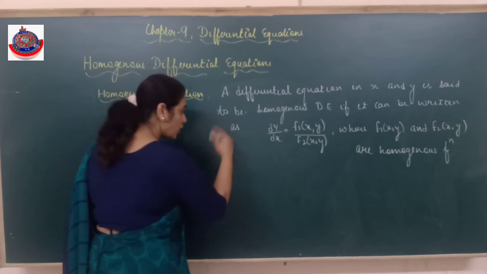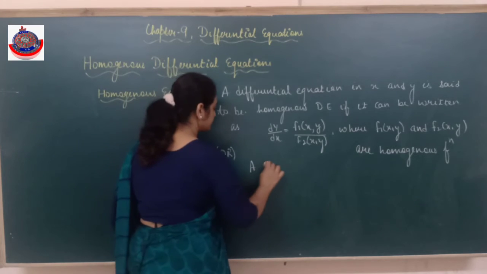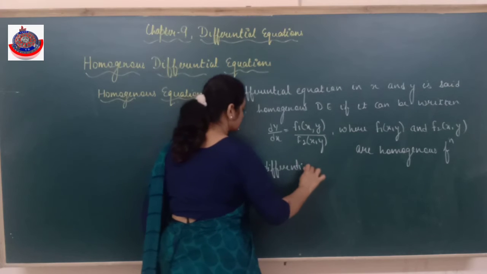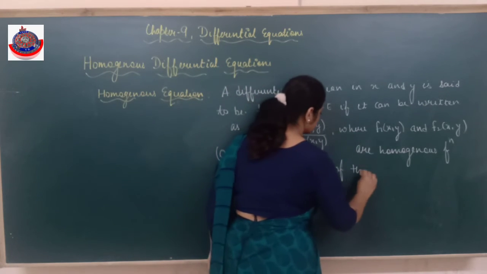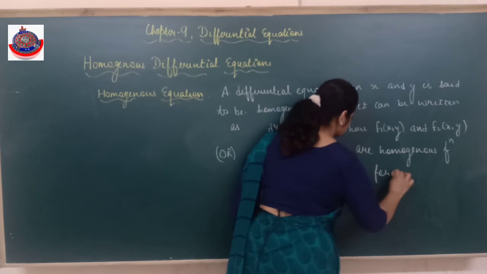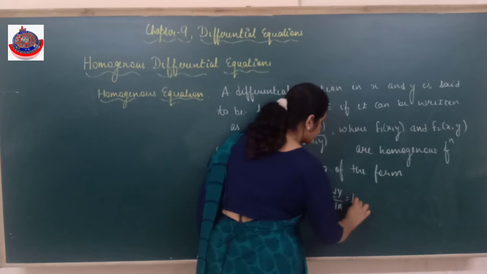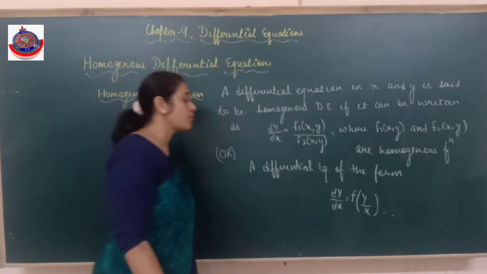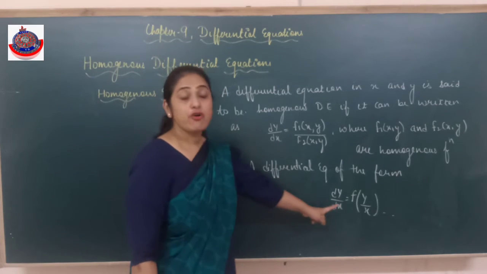That means alternatively, the same thing which we did, the first definition of homogeneous function, can be expressed in the form of dy upon dx is equal to f of y upon x.